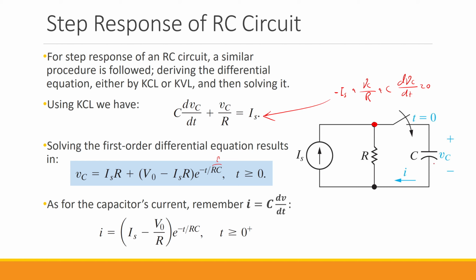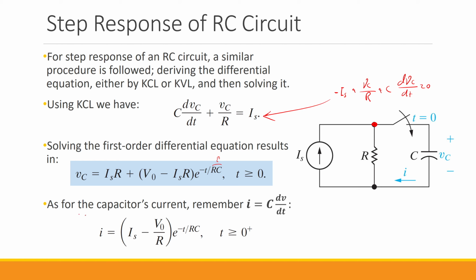Because if you remember, we said that over time, when everything is settled down and all the transient responses have vanished, a capacitor acts as an open circuit. So when this is an open circuit, what we have simply is IS going through R, which creates a voltage IS multiplied by R based on Ohm's law. And we have a verification of that here as well.